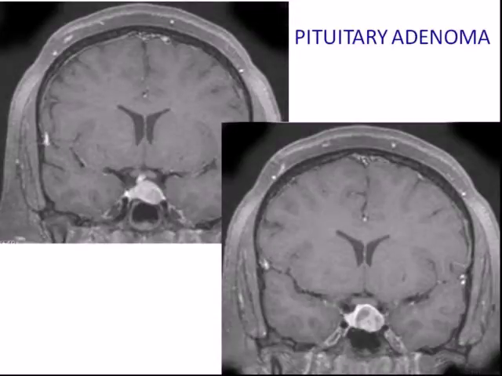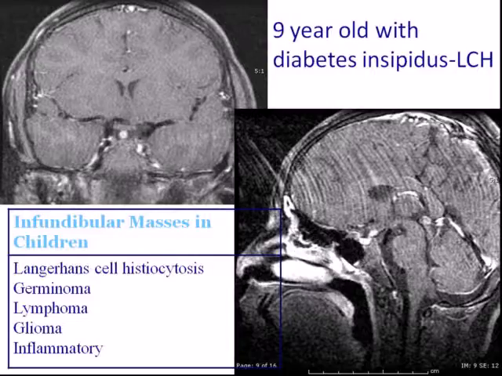Pituitary macroadenoma is pretty standard in terms of how they look. In terms of infundibular masses, there's a differential, which includes germinoma also, as we talked about before, but also histiocytosis, lymphocytic hypophysitis, and other differentials.